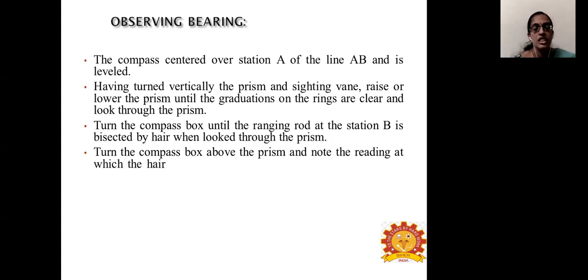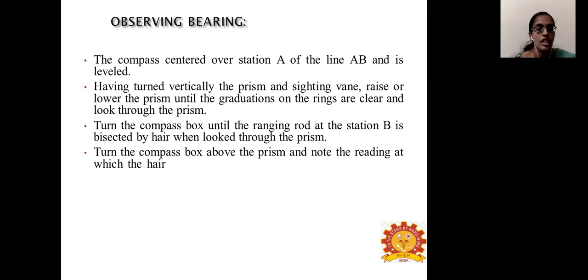When we turn the prism vertically, the sighting ring helps to raise or lower the prism until the graduation ring is clear and we can see it through the prism. After that, we have to turn the compass box until the ranging rod at station B is bisected by the hair present in the prism.